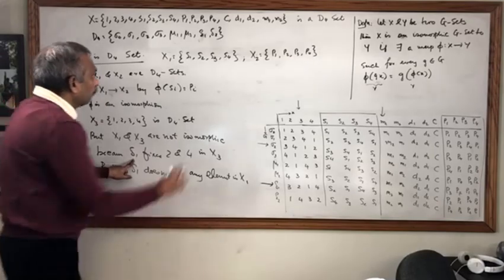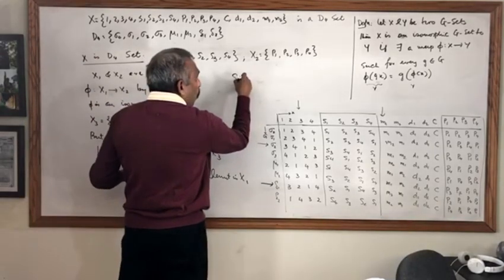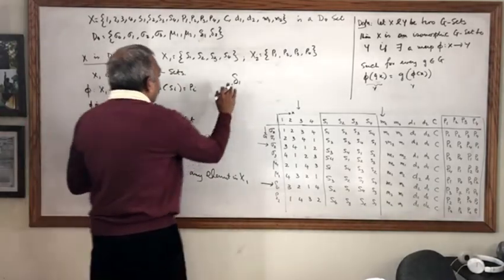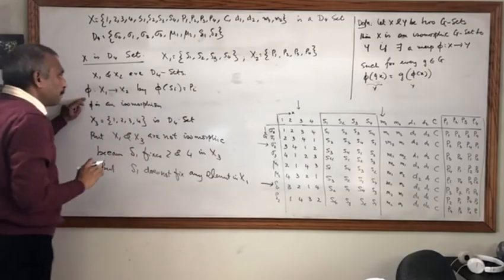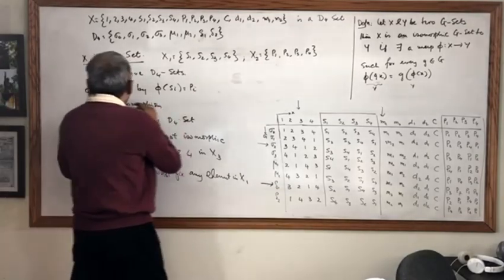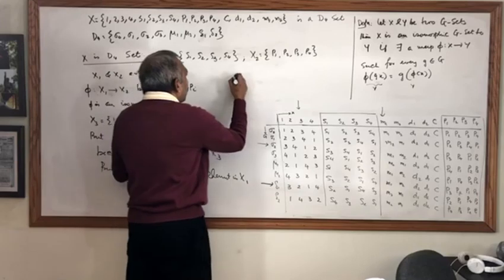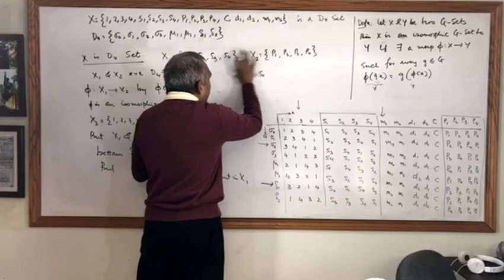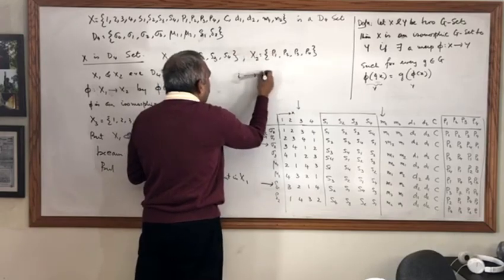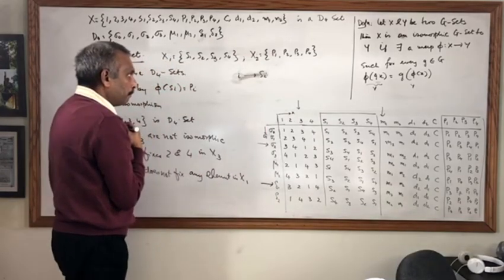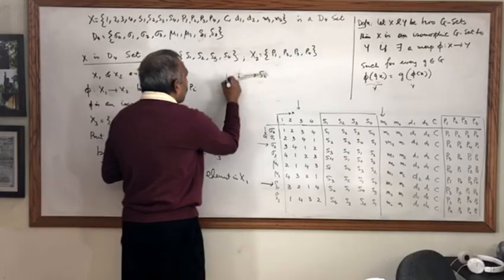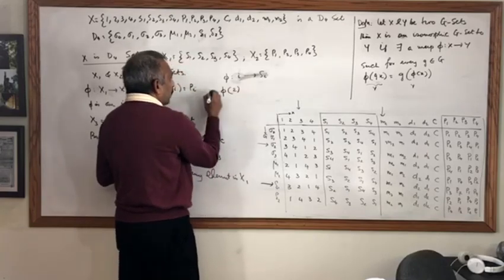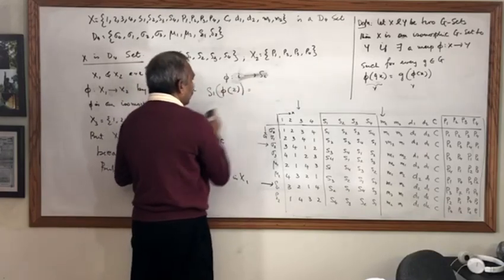See, if you take delta 1, if you have the same map here, let us say i to Si, if that is the map you are going to consider, then phi of 2 under delta 1 is what?